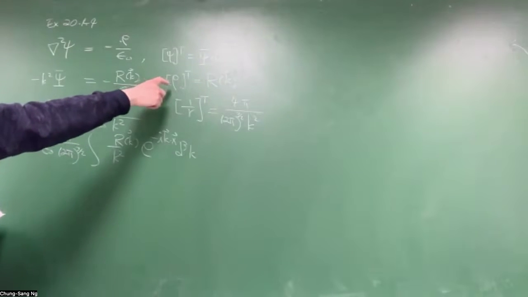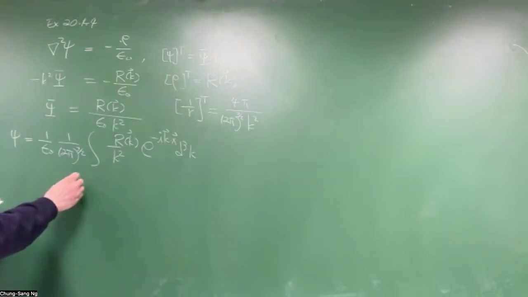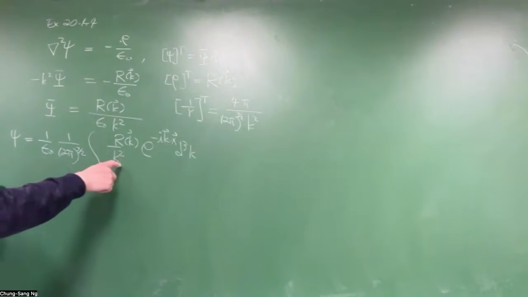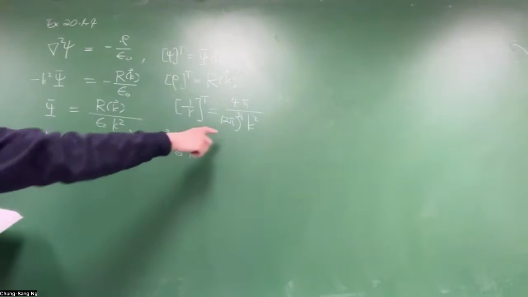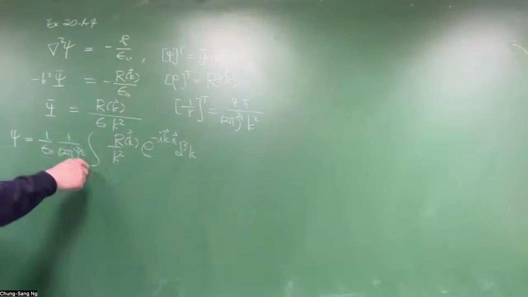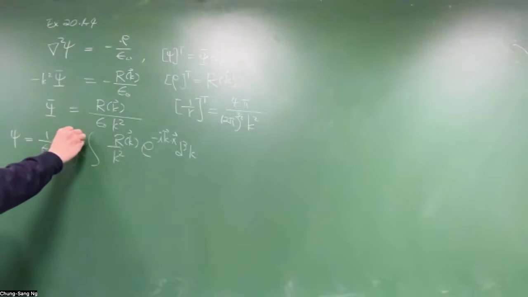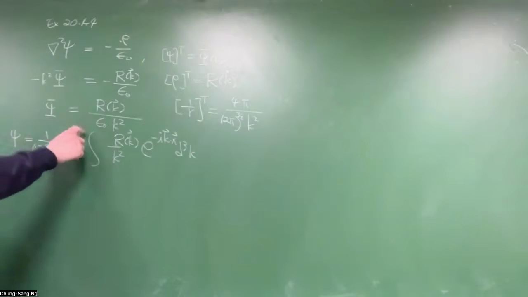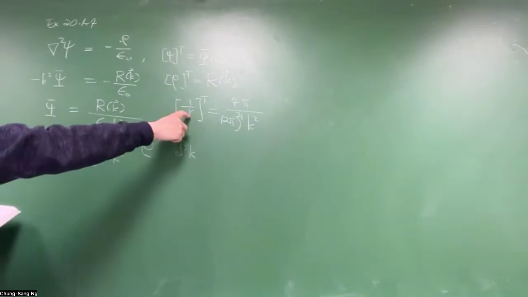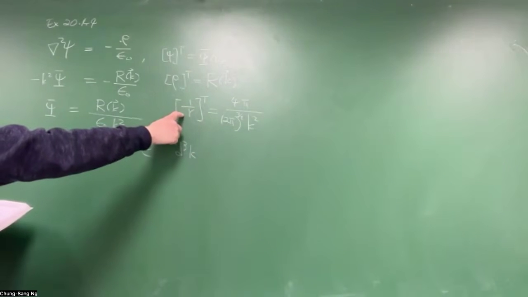Capital R is the Fourier transform of rho. But we can keep that. We can multiply by 4 pi and divide by 4 pi, right? So the whole thing, this coefficient multiplied by this one, is the Fourier transform of 1 over R.